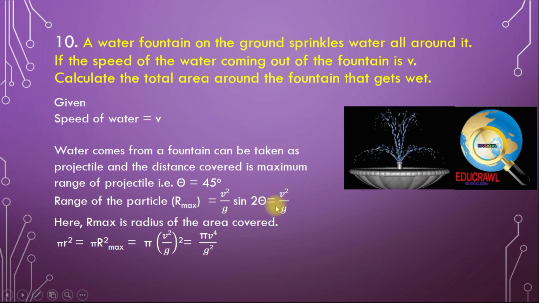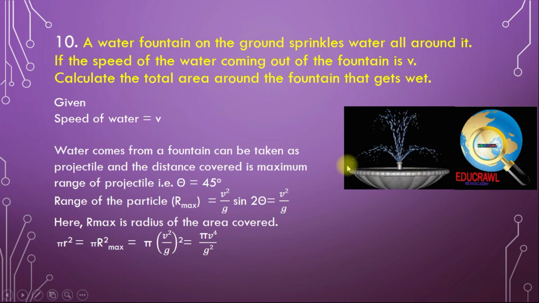Sine 2 theta is maximum when 2 theta is 90 degrees, so theta will be 45 degrees. Substituting this, the maximum range of the projectile is V squared by g. It is nothing but the distance covered by the water which is sprinkled.